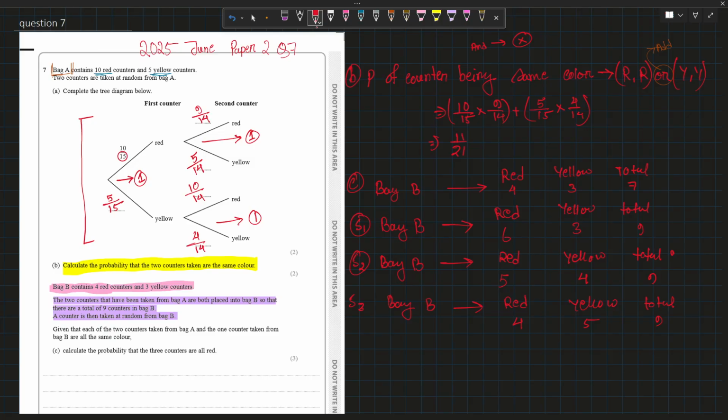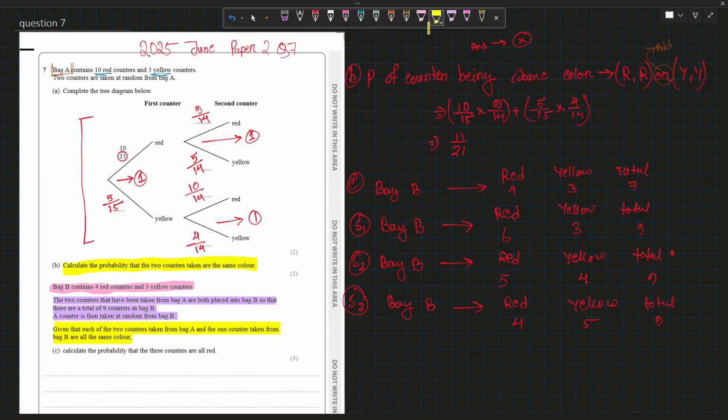So these are our 3 scenarios of bag B. Nothing changes in bag A because we are taking from it, so nothing changes. Then it's written, given that each of the 2 counters taken from bag A and 1 counter from bag B are all the same color.